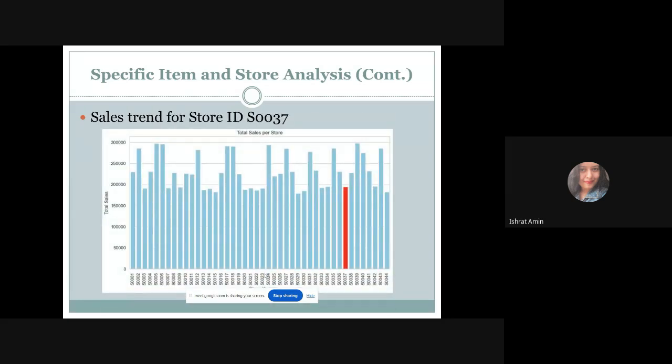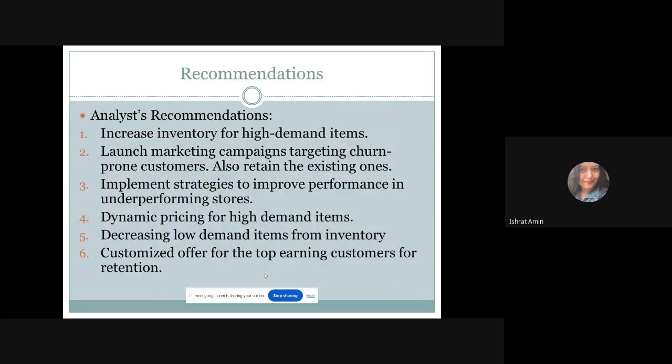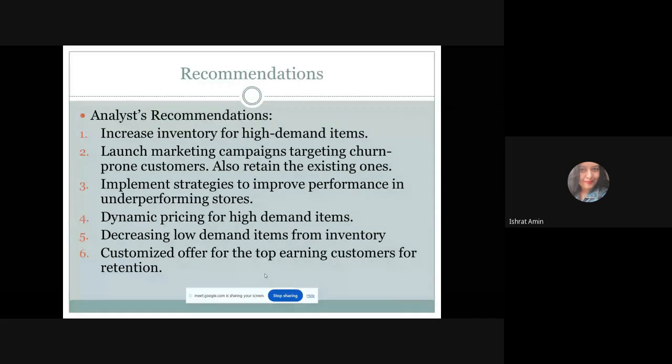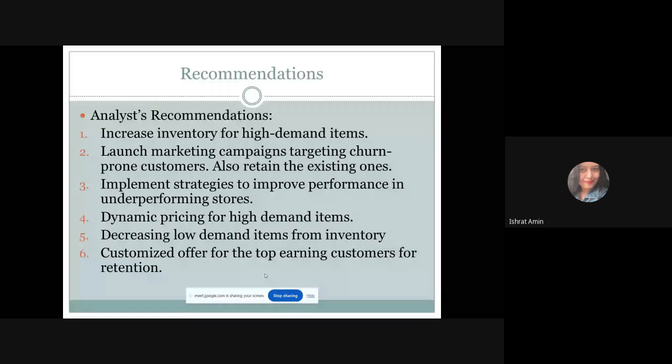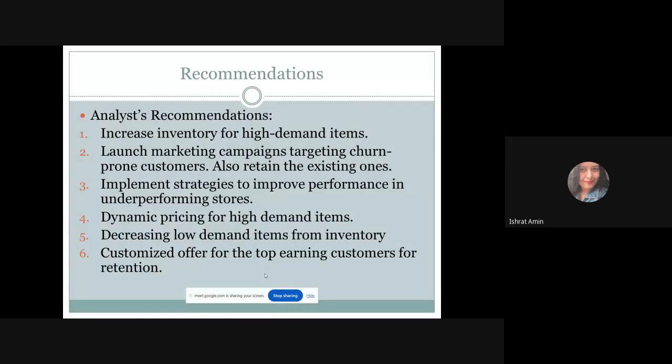Here is the store ID that I was assigned, and this is the total sales of that store. Here comes my recommendation. The business can increase inventory for the high demand items, which I have already mentioned, and launch a marketing campaign targeting churn-prone customers, which are customers buying less.